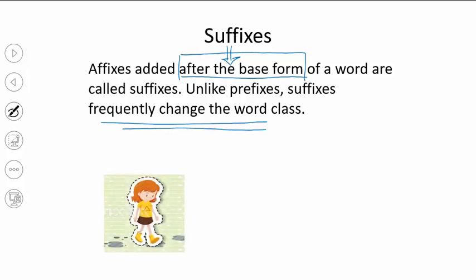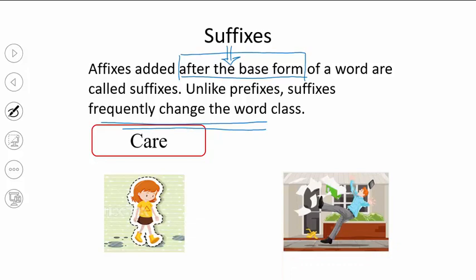Think, she is walking. Care. So this is a verb form. Care is a verb. Oh, he is falling down because he is careless.